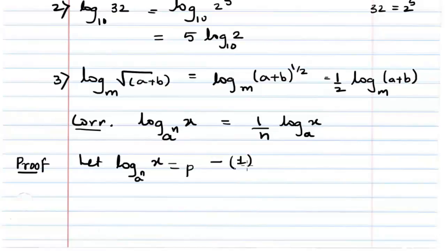This is your first equation. Then a to the power n whole to the power p is equal to x. We have just converted this into index form, or exponential form, you can say the proper word.